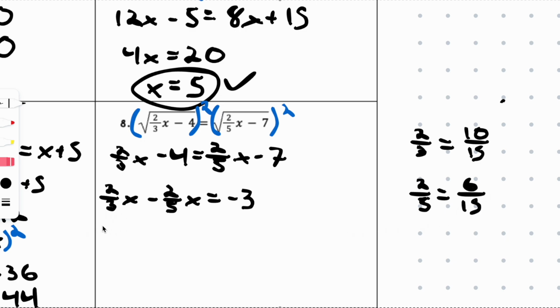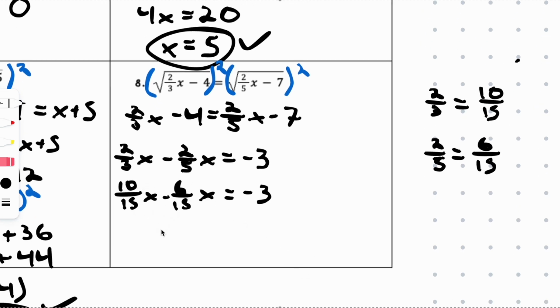So we have 10/15 x minus 6/15 x equals negative 3. We subtract these two, we end up getting positive 4, my bad, I'm tripping. Positive 4 over 15 x equals negative 3. So we multiply both sides by 15, we end up getting 4x equals negative 45.